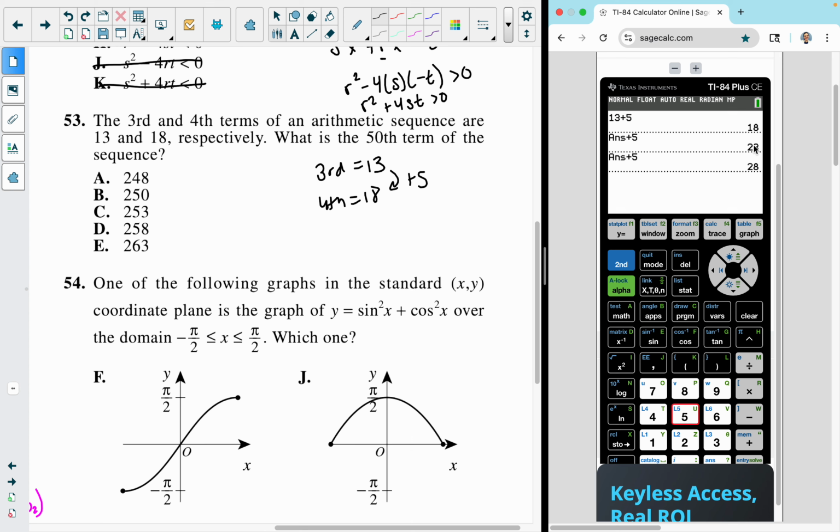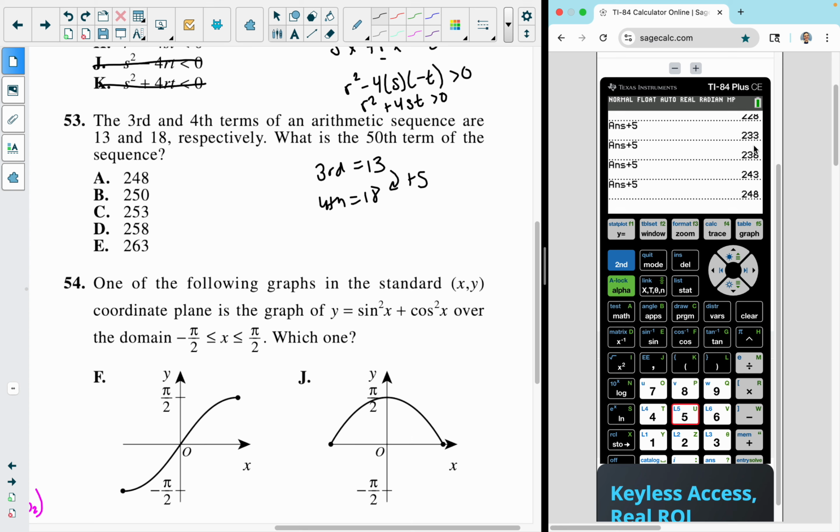This is the 6th, 7, 8, 9, and so on, counting up through 50.